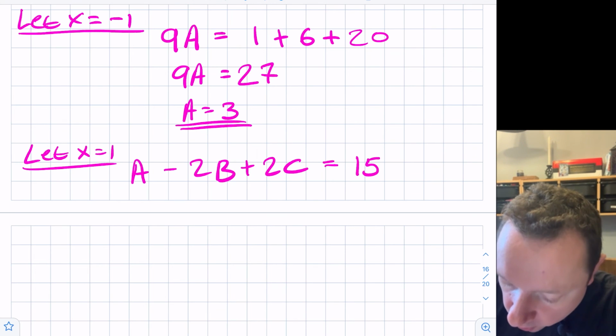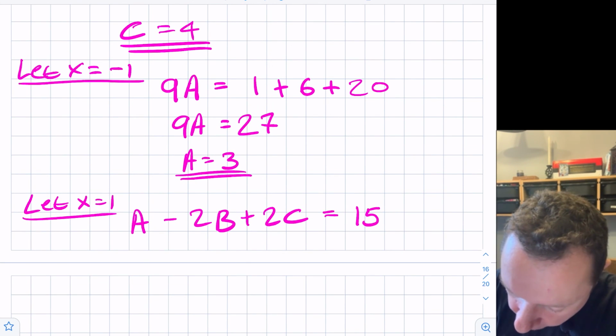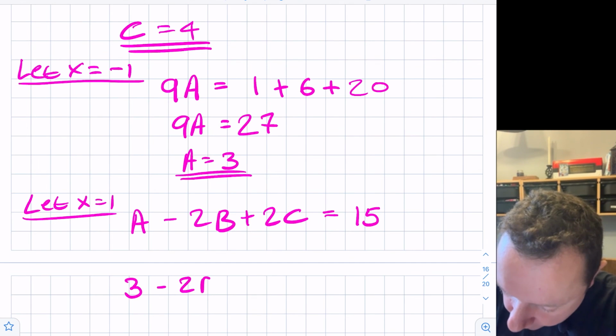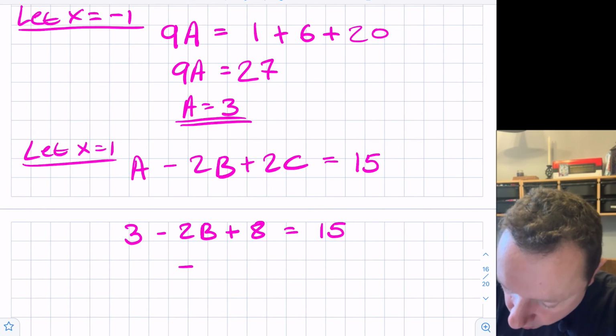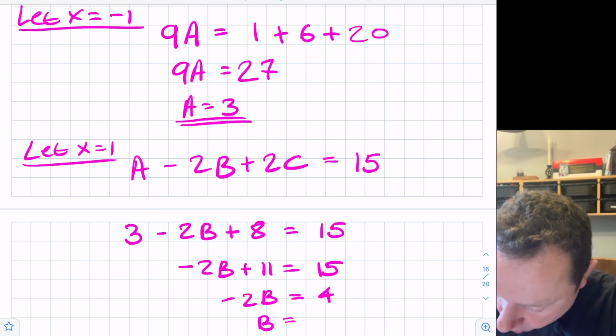But remember, we've already got our values for a and c, they are 3 and 4. So we've got 3 minus 2b plus 2 times 4 is 8 equals 15. 3 plus 8 is 11, so minus 2b plus 11 equals 15. Or minus 2b equals 4. And therefore b is equal to minus 2.